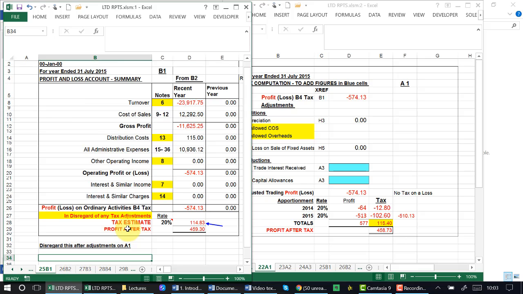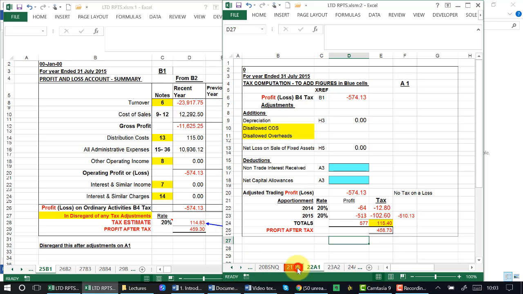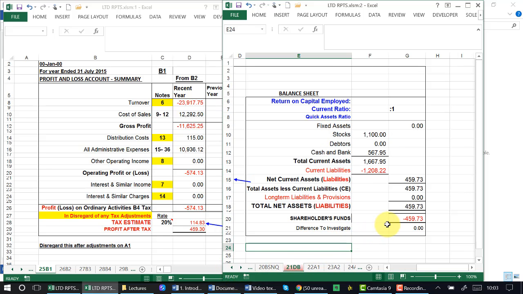Now we're going to relate B2 to the dashboard. This is the dashboard here. Of course, B2 shows the previous year. The dashboard doesn't. Now there's information missing up here. Let me see.